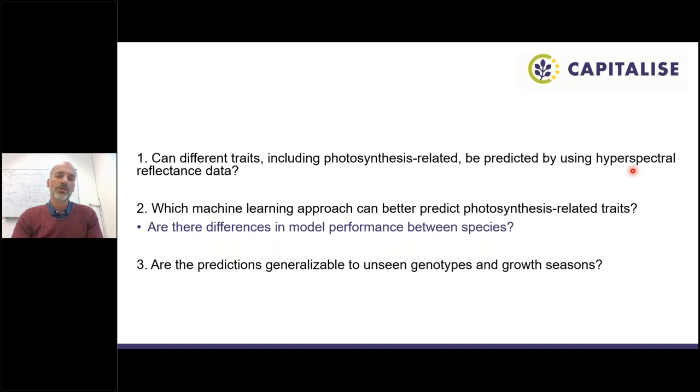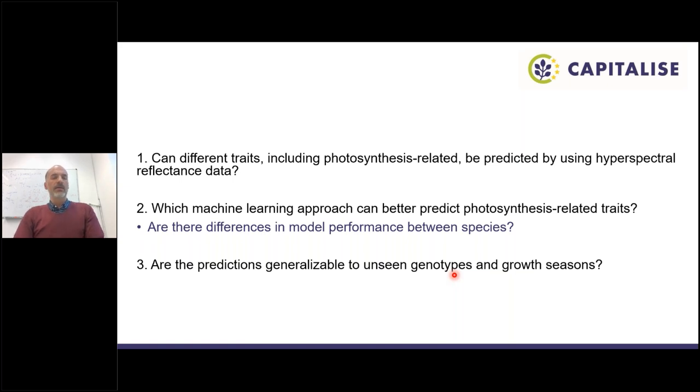And then the final question is, can we show that the models can generalize to genotypes that we have not seen in the actual training of the model, as well as generalization of the models across growth seasons, because it will tell us that indeed we can rely on these predictions if the models are good enough.